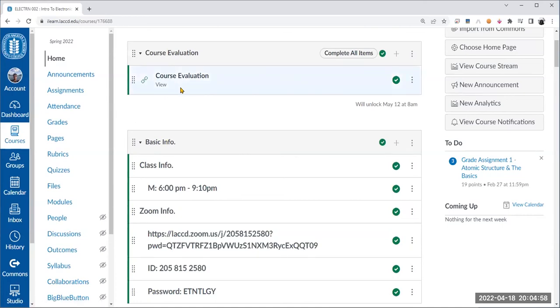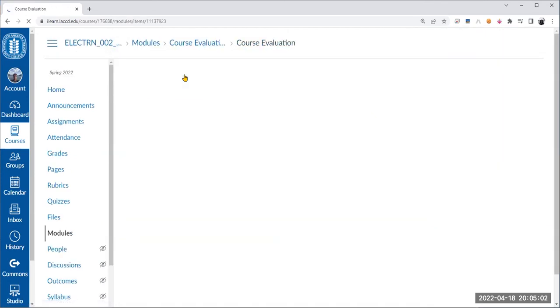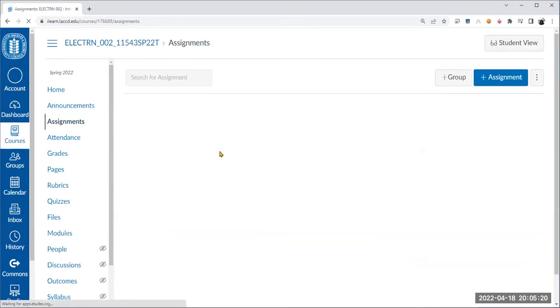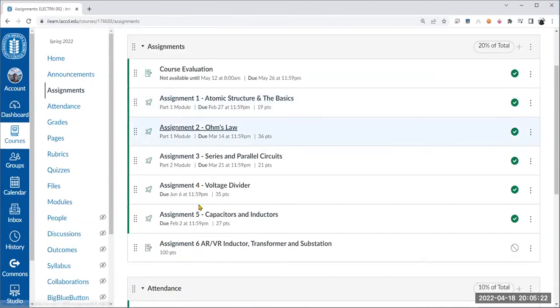Course evaluation. I think that's a new activity about the company we are working with. I see. Okay. Oh yeah, it is. We're gonna have one more assignment. So we're gonna have one more homework. So far we have 5, 1, 2, 3, 4, 5, and there's one more.